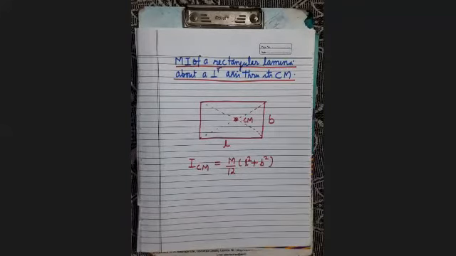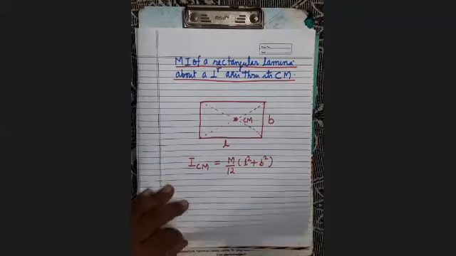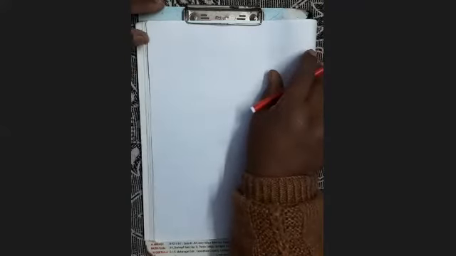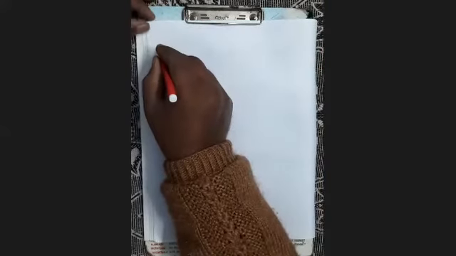Now after this, there is one more. Moment of inertia of a ring about a perpendicular axis. Perpendicular axis means perpendicular to the plane, passing through the center of mass.